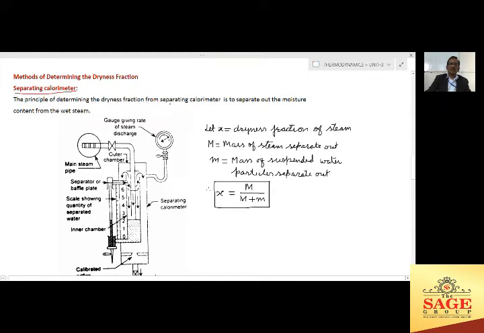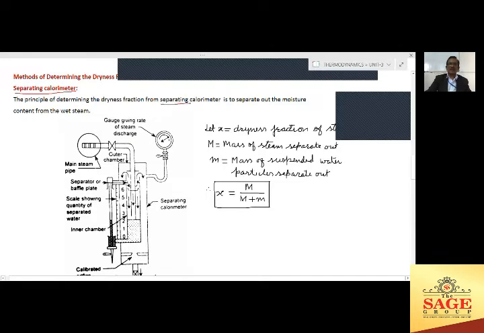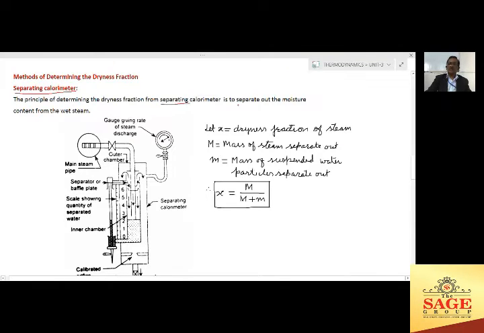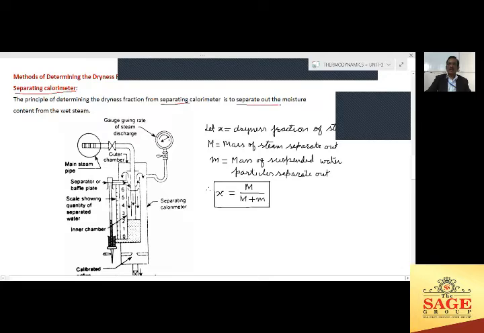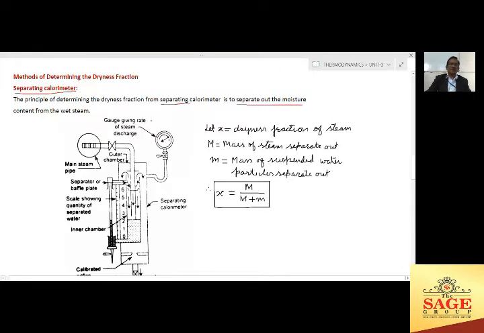As its name indicates, in this separating calorimeter we have to separate out the moisture from the wet steam. If we can separate out the moisture from the wet steam, then we can easily determine the dryness fraction.